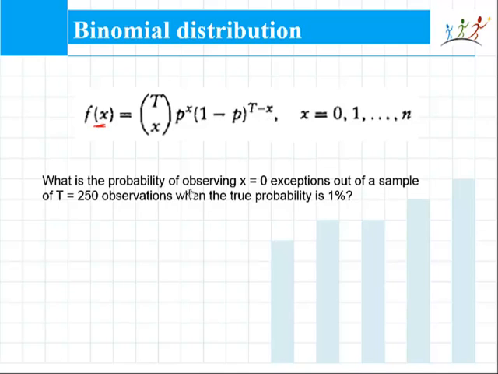So what is the probability of observing exactly 0 exceptions out of a sample of 250 observations when the true probability is 1%? Or it is a 99% VAR. So the probability of an exception is 1%.